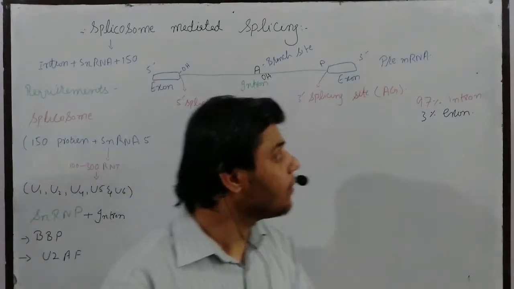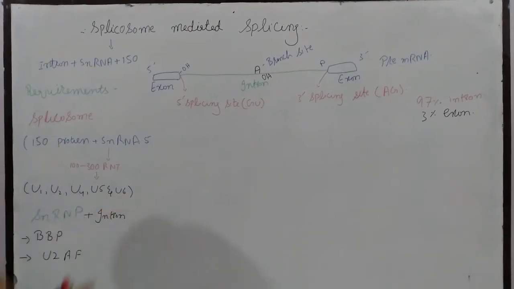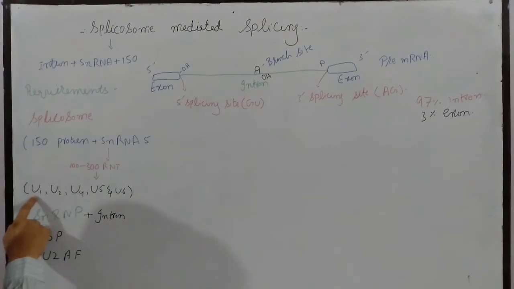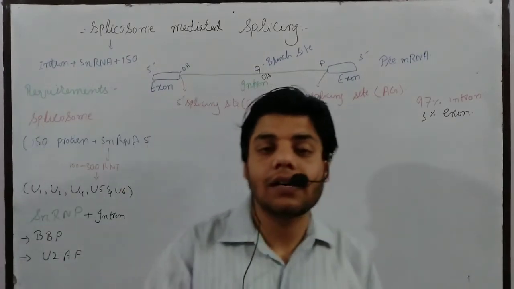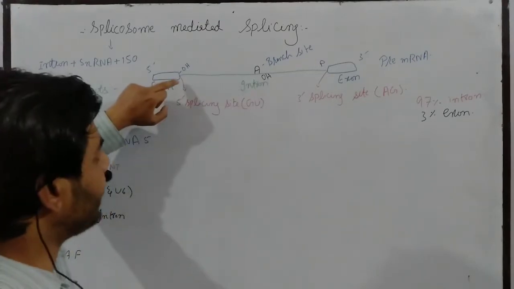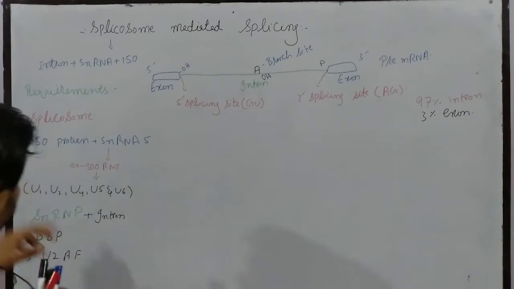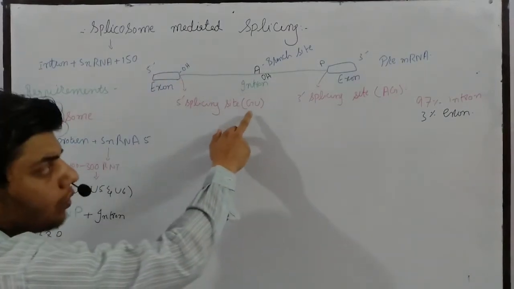Now let's talk about the function of each protein, and then we will talk about the mechanism. The main function of U1 is to recognize the 5' splicing site. Why do they recognize that area? Because at that specific area we have the GU region.